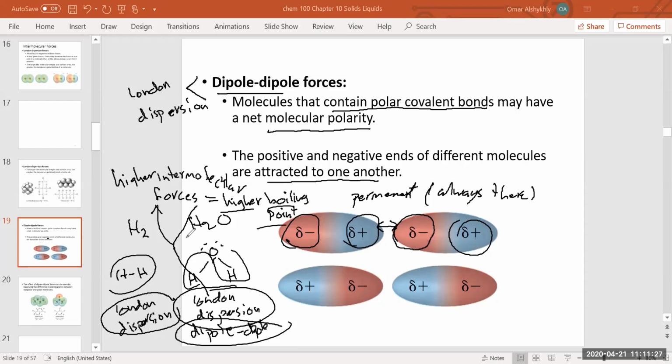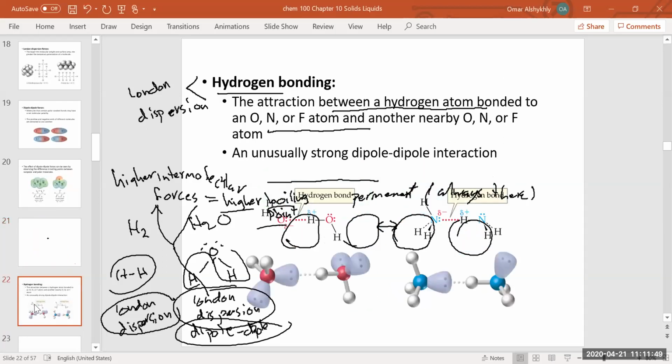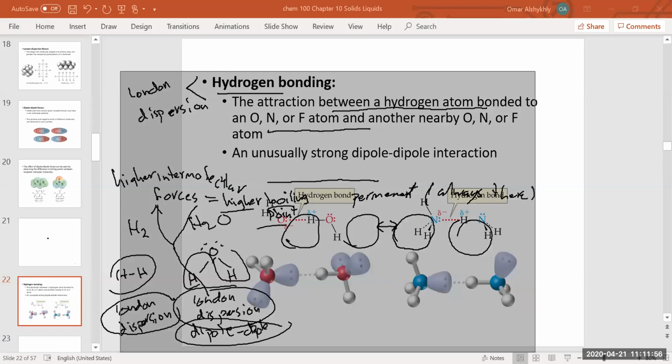So here the water will have a higher boiling point compared to H2. So that's what we're going to do, compare the molecules to figure out which one has a higher boiling point and which one has a lower boiling point. Okay, now this is the second type of the intermolecular forces. Now let's go quickly to the third intermolecular force, the hydrogen bond, and we will start to practice.